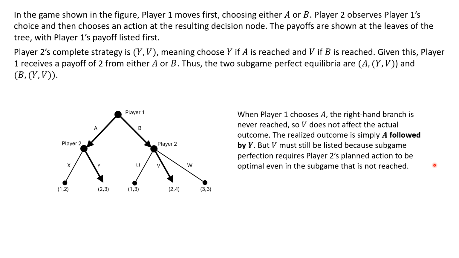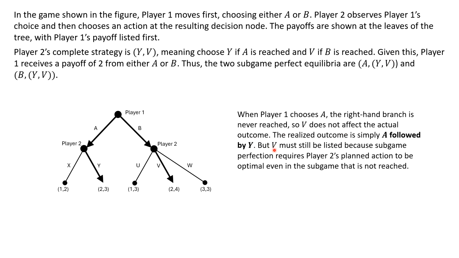I took a shot at explaining it a little bit more here, why you add the total strategy for player 2 in both cases. When player 1 chooses A, the right-hand branch is never reached, of course, if you go down here. So V does not affect the actual outcome, yet we still have V in the solution.